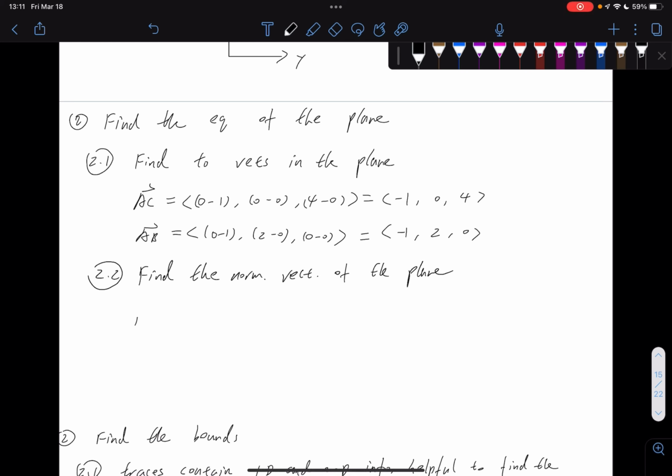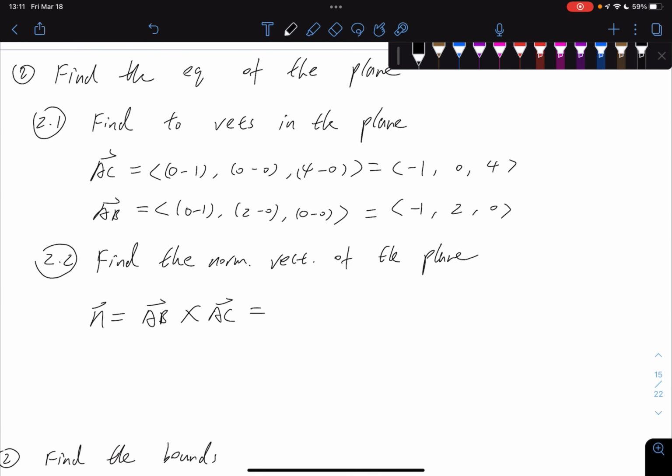So that's just the normal vector equals AB cross AC, which equals the determinant. So i, j, k, -1, 0, 4, -1, 2, 0.